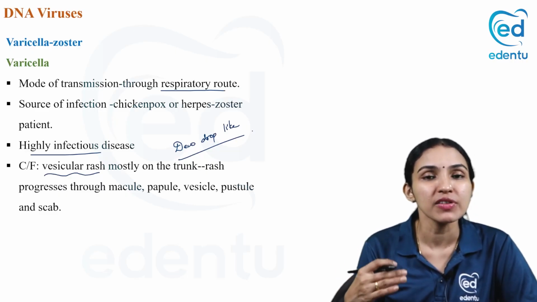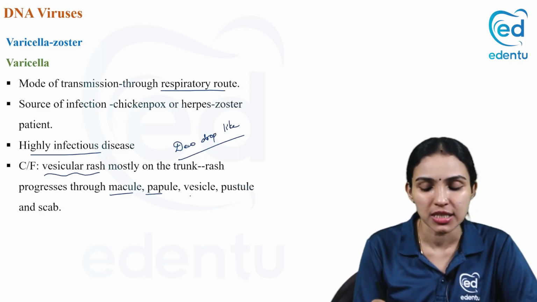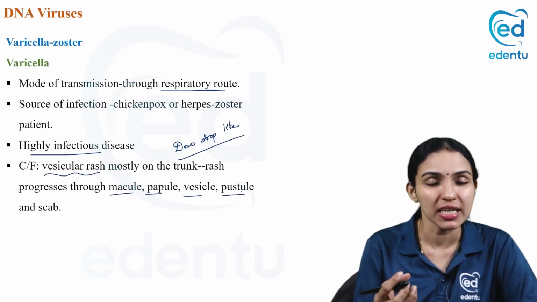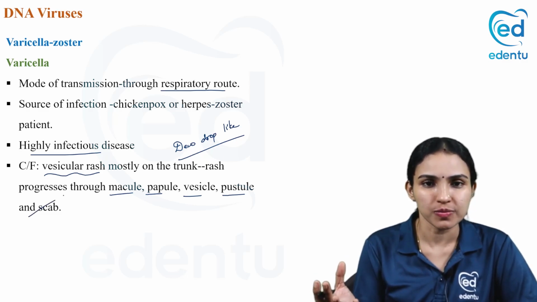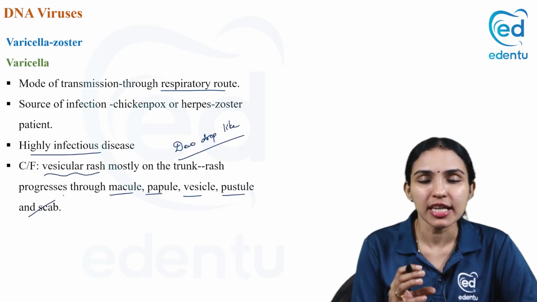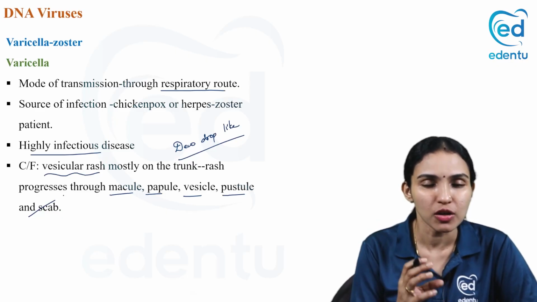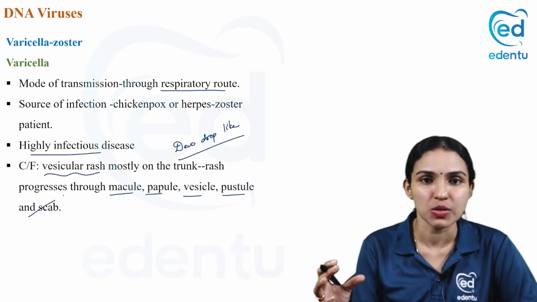The rash will have different stages. It starts as a macule, goes to a papule stage, becomes a vesicle, and finally becomes a pustule. The vesicle may get infected, becoming a pustule, and the scab will fall off. In chickenpox, the rash appears in crops. A few rashes appear together on day one, and on the next day another set of rashes appears.